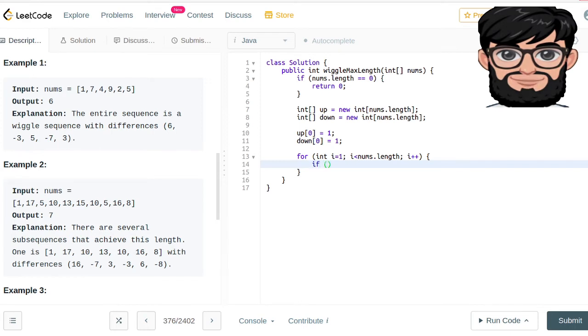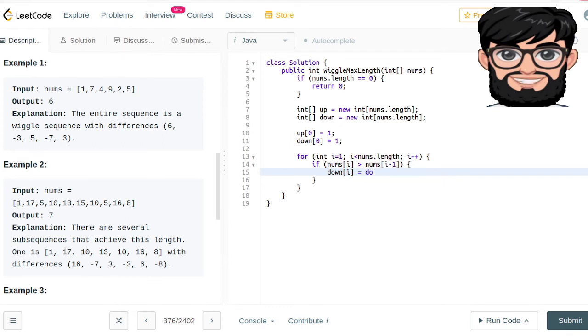So now, based on whether it is increasing, if nums of i is greater than nums of i minus 1, and we know it's not going to go out of bounds because we're starting i equals 1, in that case down is not doing anything. We're not going down, we're increasing, right?